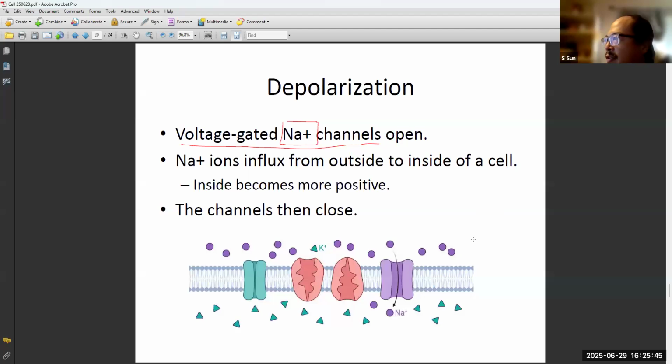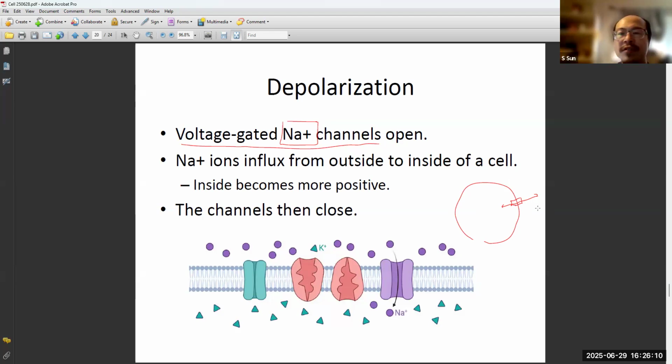Now, when this channel opens, you have a cell, you have this channel. When this channel opens, it allows sodium to go through. So sodium can freely diffuse across now. And this movement is from high concentration to low concentration.